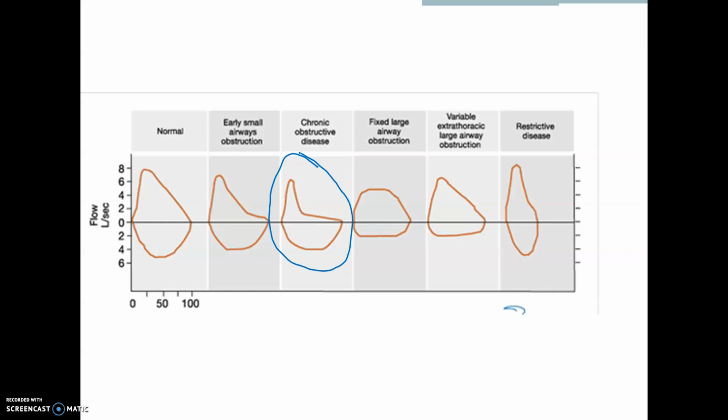Fixed large airway obstruction is next, and then variable extrathoracic large airway obstruction. And then the very last one is typical of a restrictive disease. It's kind of tall and skinny because they don't have any problems with flow. Their flow portion is up here, but they do have problems with their volume or capacities.